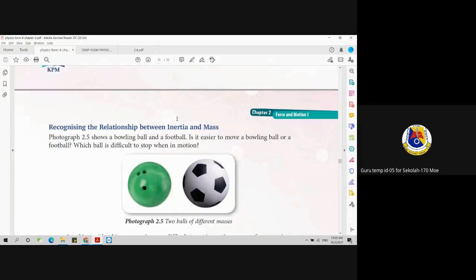I give you around 5 minutes to think about the first question: is it easier to move a bowling ball or a football? You can discuss with your friend, and after that give me the answer. Which one is easier, and why?